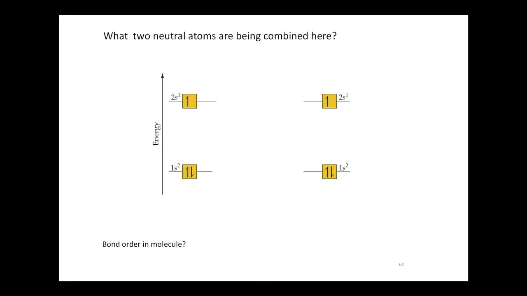This diagram shows that this thing has 2 electrons in 1s and 1 electron in 2s. What element is that? Lithium. So we have 2 lithium atoms, and those are the 2 atoms we're combining.